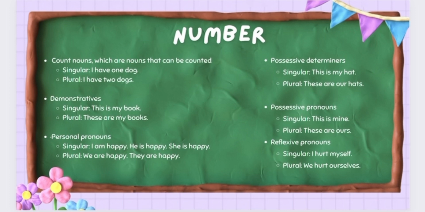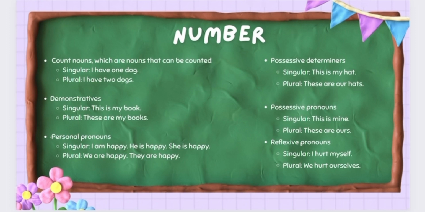Possessive determiners: my, our, your, their, his, her. Singular forms, this is my head, and plural, these are our heads.